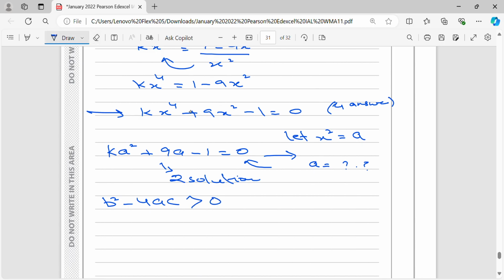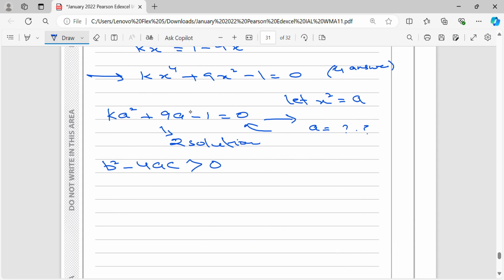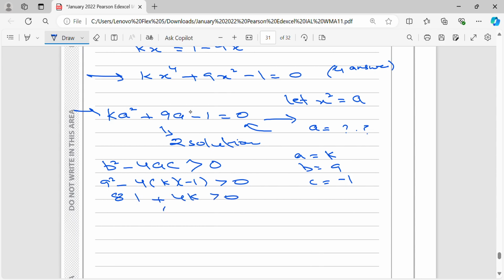Okay, so I can find the answer for k. Here a is k, b is 9, and c is -1. So 9 squared minus 4 into k into -1 is greater than 0. 81 plus 4k is greater than 0, and 4k is greater than -81, and k is greater than -81 over 4.